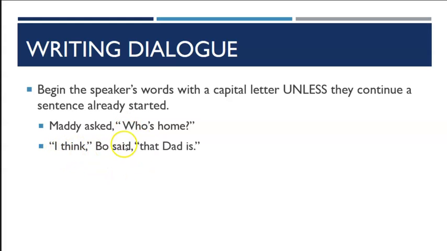"I think Bo said that Dad is." So here, "I think" is the beginning of a sentence. Then we have our tag in the middle with commas, here inside our quotation marks and here at the end of our attribution before the quotation marks, "that Dad is." So "that Dad is" would be a fragment. It is attached to the "I think," and so we do not capitalize the T here.